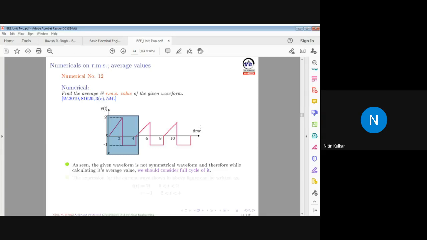I am getting the answer as 1.08 volt. Anyone else getting the same answer, 1.08?